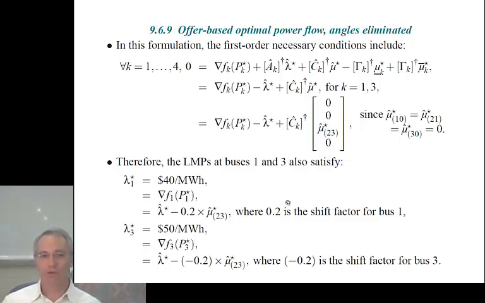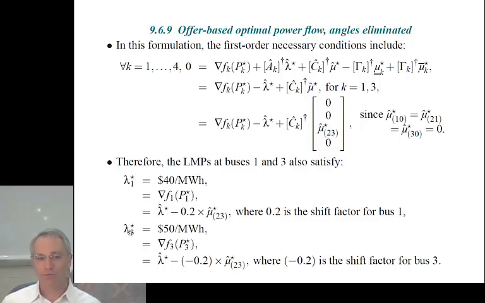So what we can do is observe that the LMPs at buses 1 and 3 also satisfy lambda 1 star is equal to $40 a megawatt hour, which is equal to the gradient, the marginal cost at generator 1, which is, by rearranging, equal to lambda hat star minus the shift factor 0.2 times mu hat star 2, 3. So 0.2 is the shift factor for injection at bus 1 for flow on the line from 2 to 3.